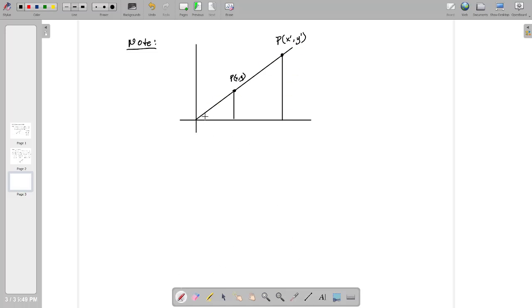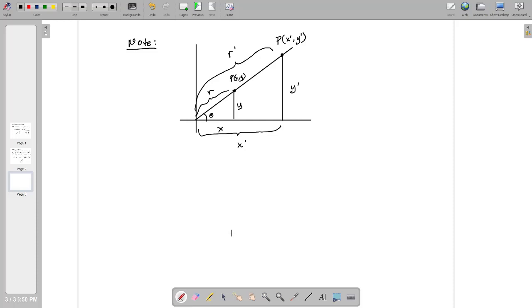Now, what I was trying to get at a second ago is that it doesn't matter where this point is on the terminal side. So this would be y, this would be x, and we would have our r here. And we also have an r prime here. This would be y prime, and this distance would be x prime.